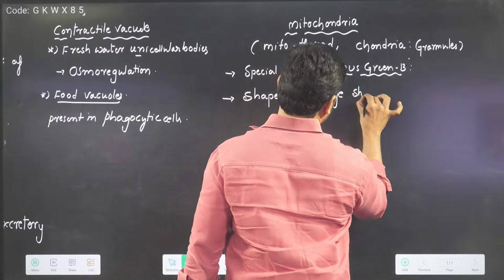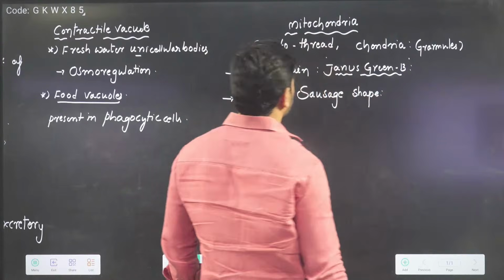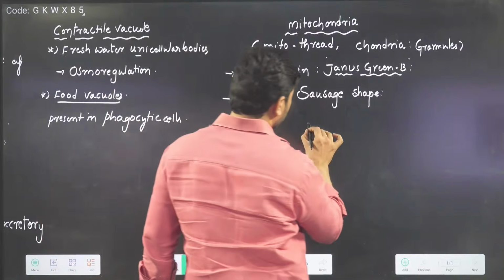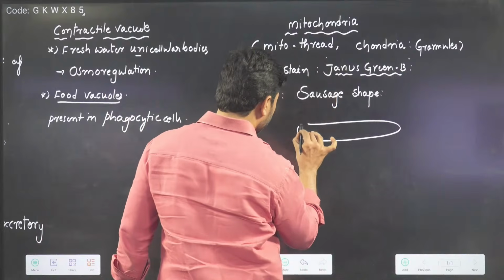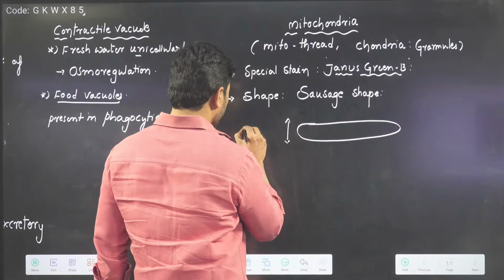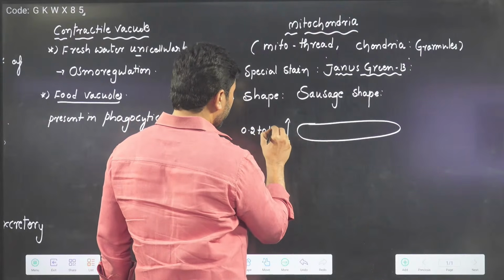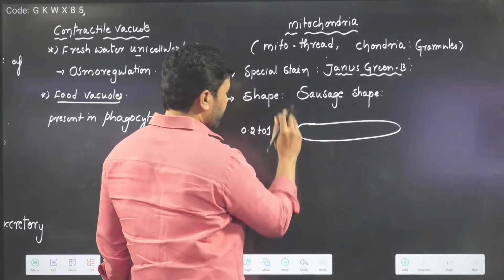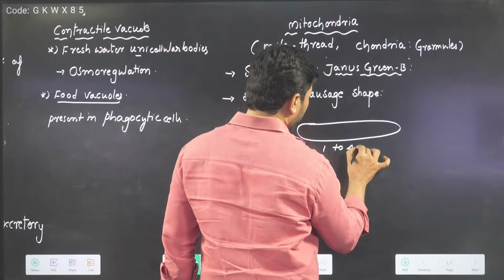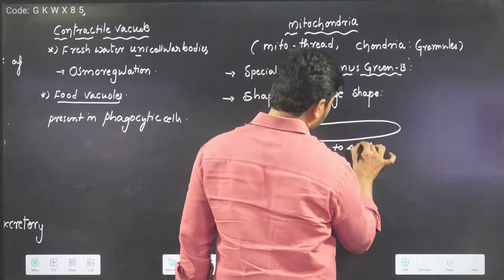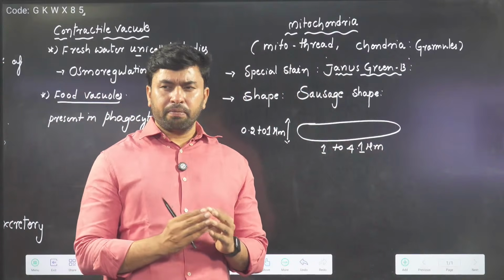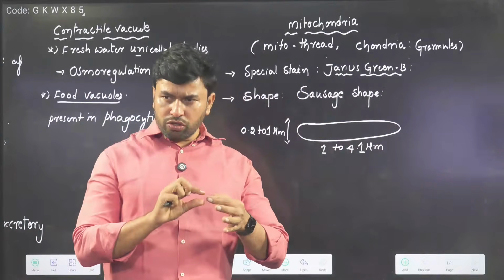You know sausage, a long tube-like structure. The width is 0.2 to 1 micrometer, and the length is 1 to 4.1 micrometer. This much only. That's why the shape is sausage, thread-like, a long tube-like thread.